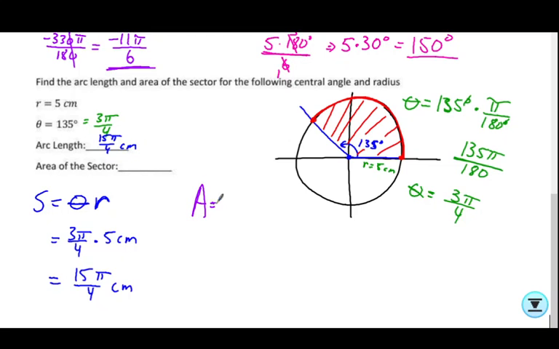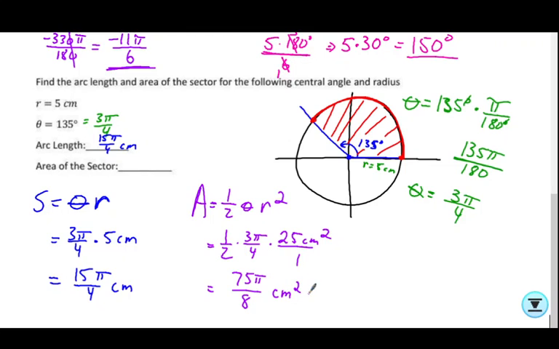And then we're finding area. So area of a sector is 1/2 theta r squared. So this is 1/2 times theta, which is 3 pi over 4, times 25 centimeters squared. So put this over 1. So 3 times 25 is 75 pi. 2 times 4 times 1 is 8.